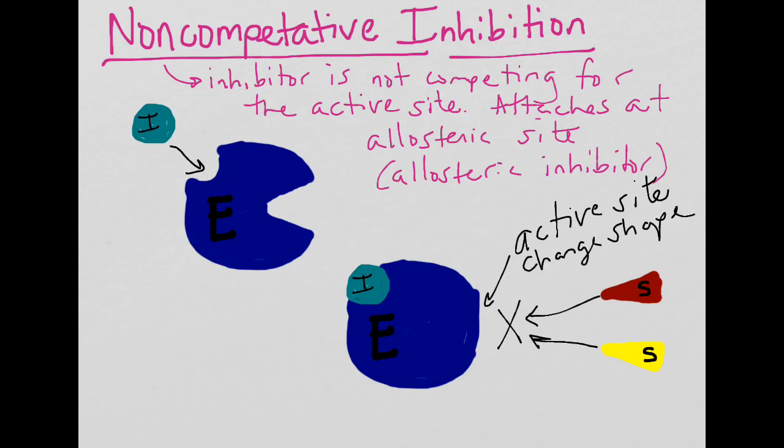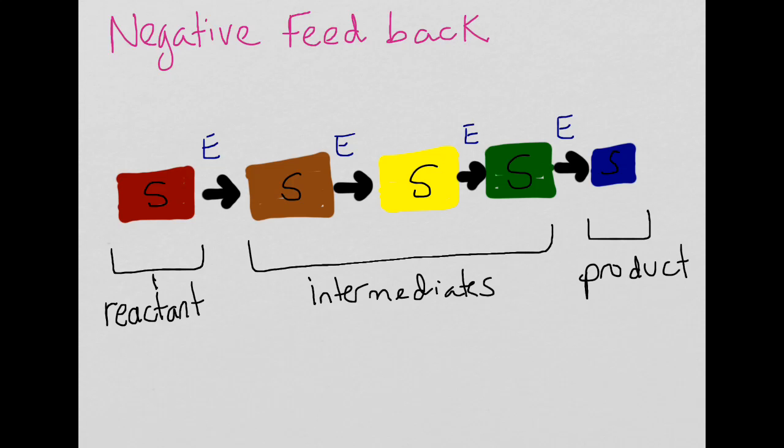The third type of inhibition is called negative feedback. And with this one, we're really controlling a pathway more than controlling one particular enzyme. So this type of inhibition could either be competitive or non-competitive.